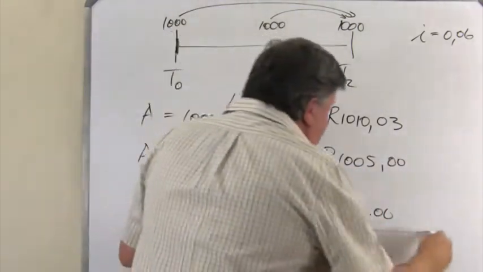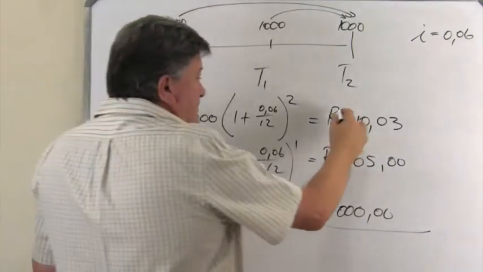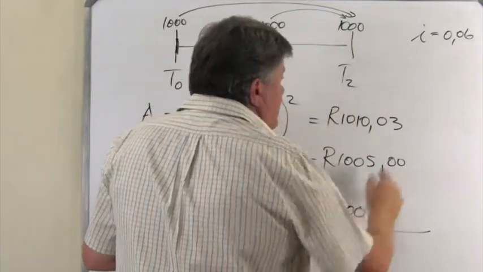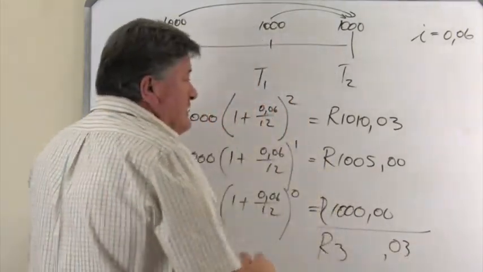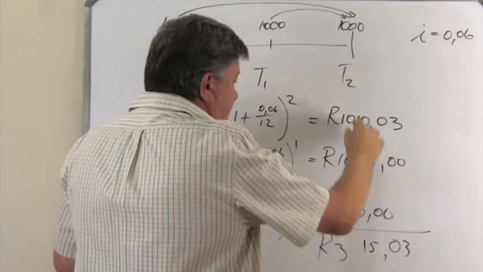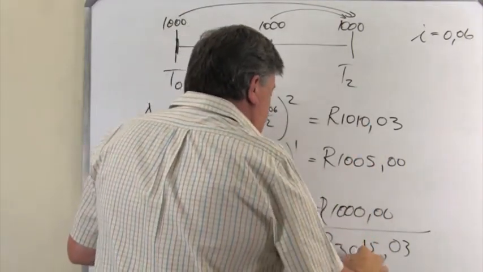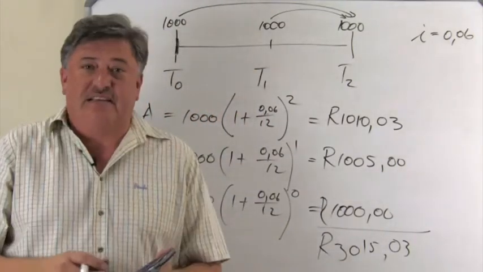Now, if we add these amounts, I think you will agree with me, it's very easy to add them. We will get to 3,000 rand. We're strictly speaking supposed to add the cents first, and then we will get 5 rand and 10, that is the 15, and then the 3,000. So 3,015 rand and 3 cents.